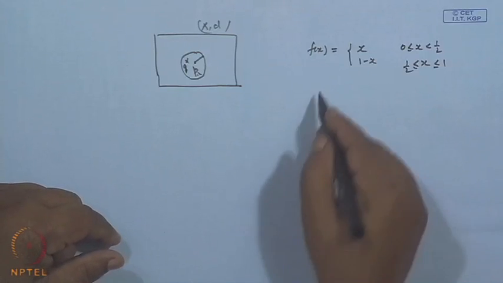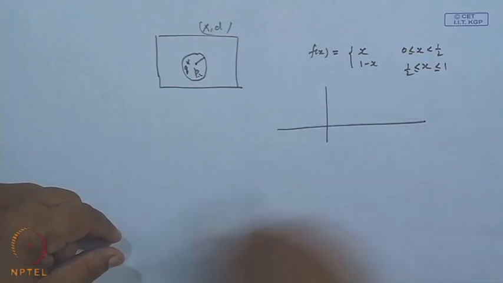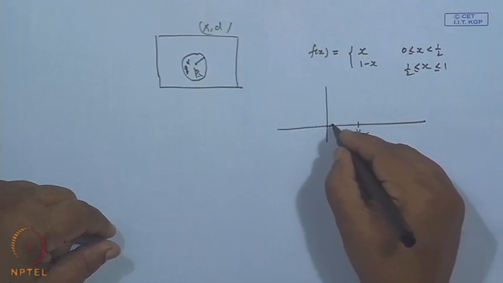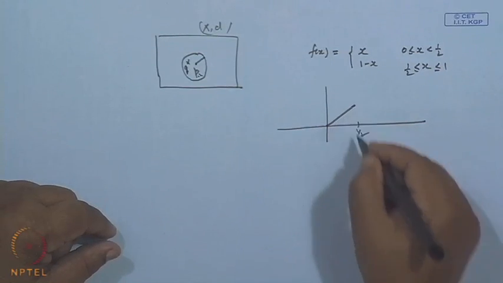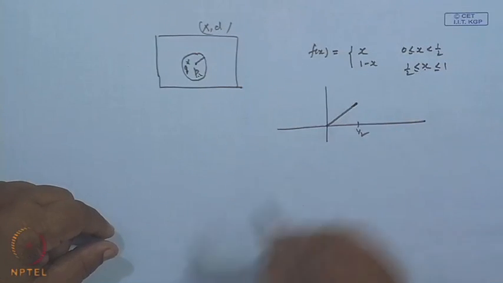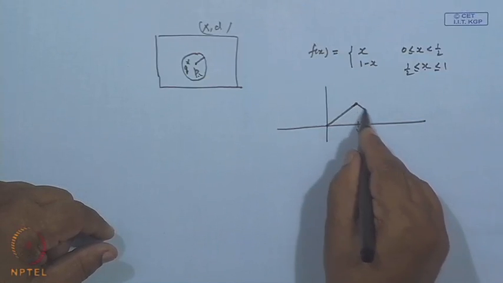So, what is this function? If we look at the function f(x) for x between 0 and half, the function is defined like this. At the point half, the function value is again half. So, it attains the value here and at 1 it is again 0.